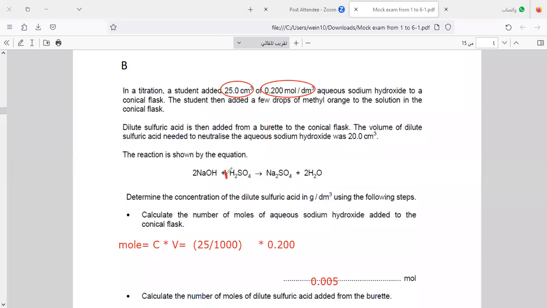As you know, here is 1, and here is 2. What does it mean? Moles of H2SO4 is half the moles of sodium hydroxide. So 0.005 divided by 2, it will be 0.0025. This is the number of moles of the acid from the mole ratio.